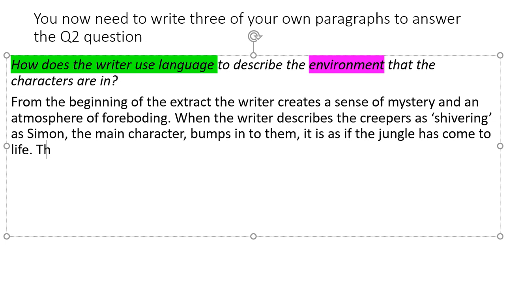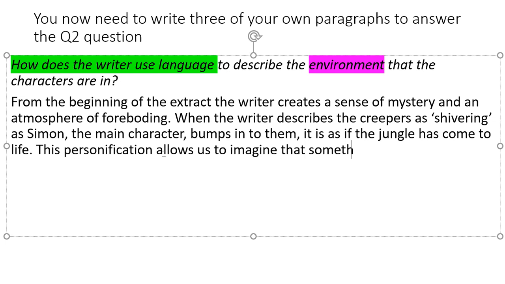So we can say this personification, spelt correctly, allows us to imagine that something dreadful might be about to happen.